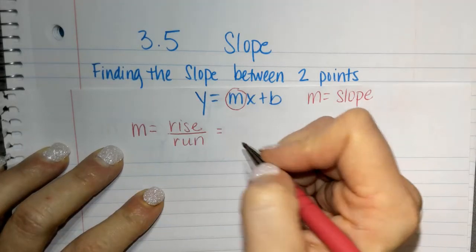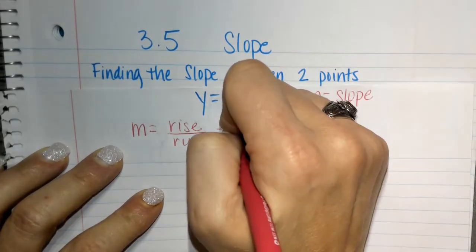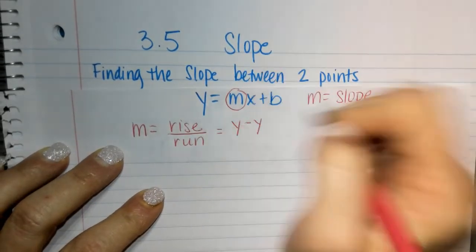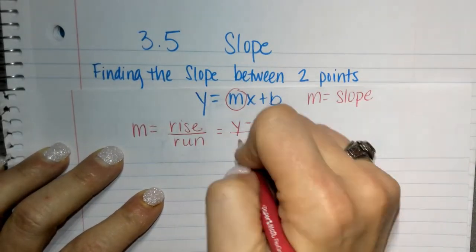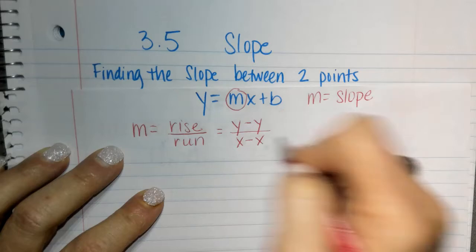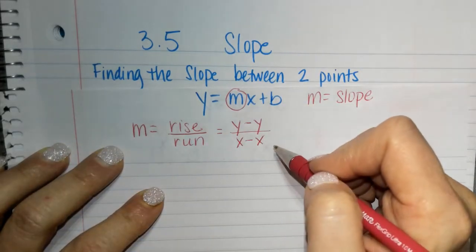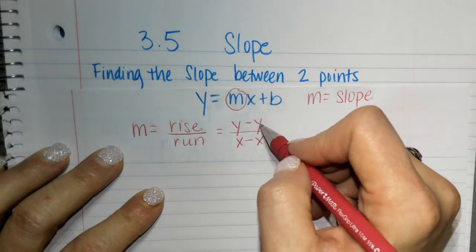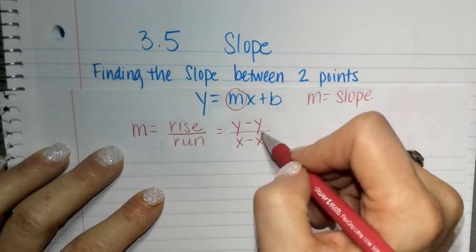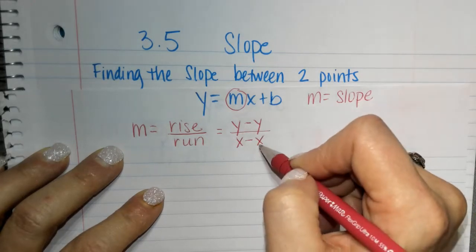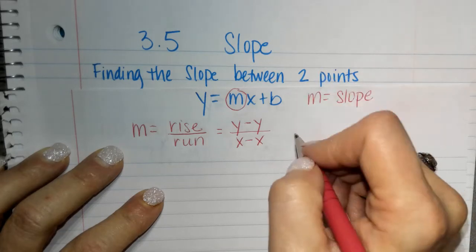You can also find the slope by taking your y values and subtracting them, and your x values and subtracting them, and then doing a little division. The thing you have to really remember, though, is that the y's are on the top of this formula, and the x's are on the bottom.